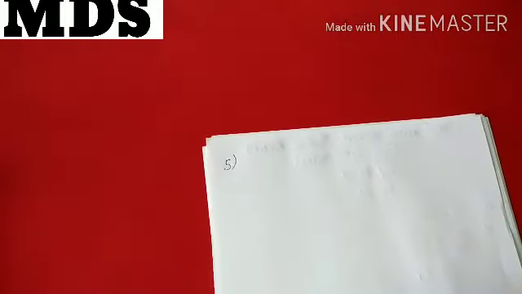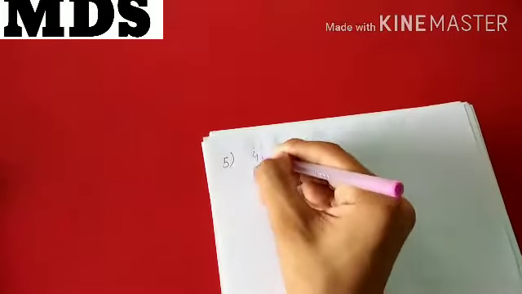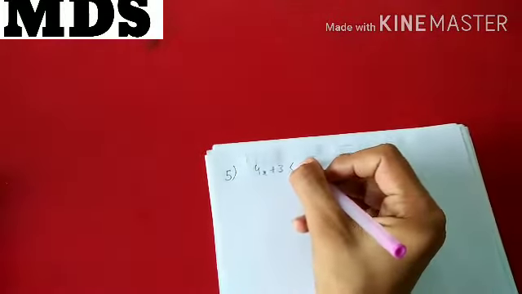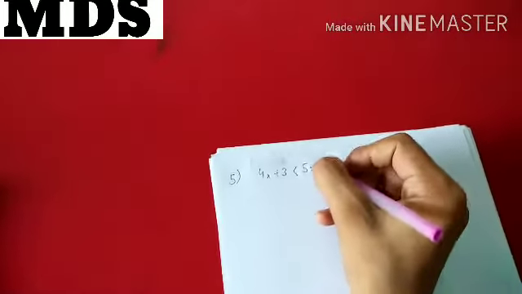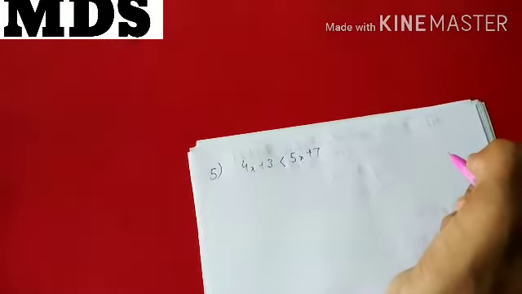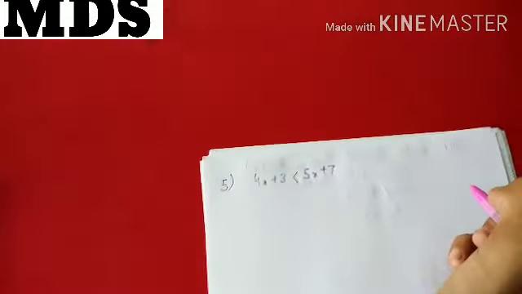Okay, so fifth they have given us 4x plus 3 less than 5x plus 7. So first of all, what we can do? We can subtract 4x both sides.